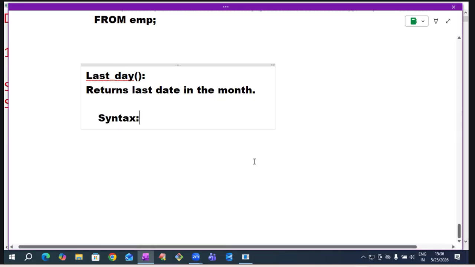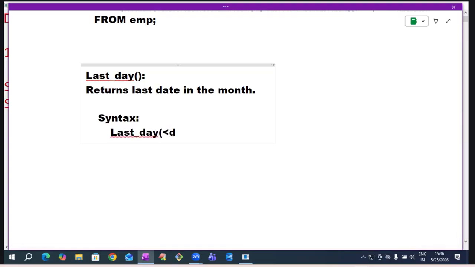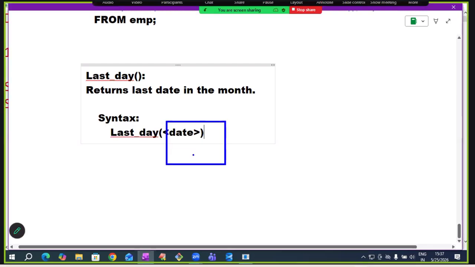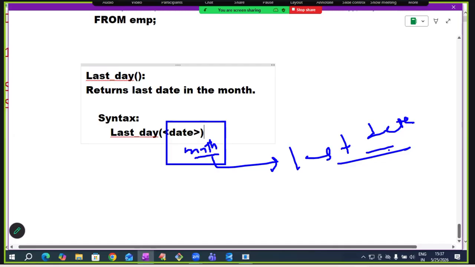Like this, last day of. Here we give one date value. You already know a date also contains the month. Every date contains the month also. In this month, we get the last date. So to get the last date in the month, we use the function last day.